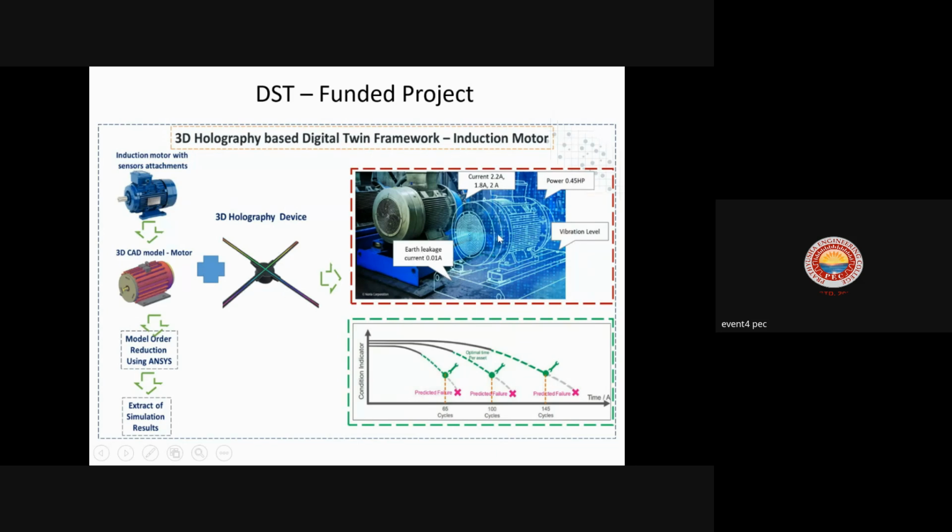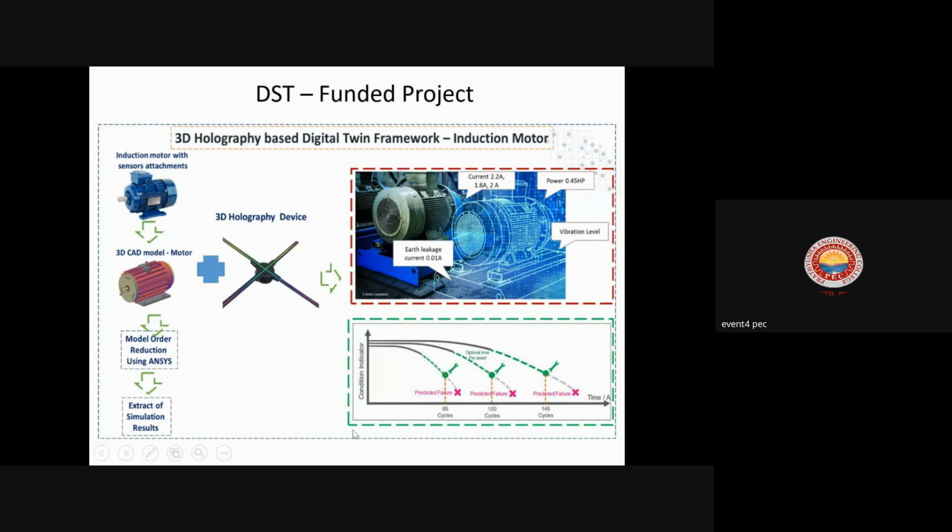And since the motor will be running at higher rpm, say 1000 and 2000 rpm, what is the vibration level? And since the current is leaking, what is the power being consumed by the motor? So these are very important information that would give you insight on how your motor is performing, or whether your motor is healthy or not. So all those kinds of insights one can get.